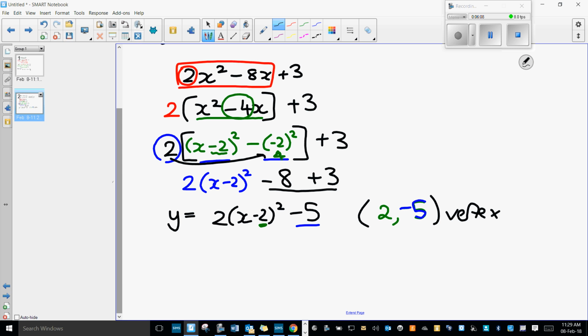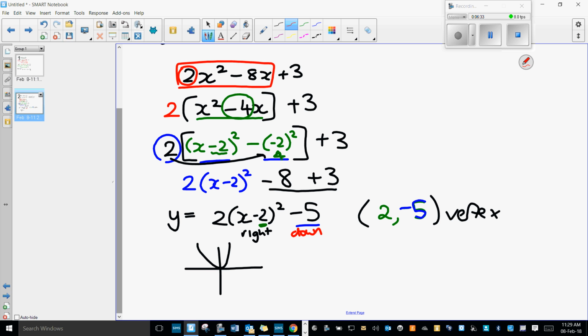It also has told us that my graph has shifted to the right by 2 squares. If that was my basic quadratic graph, I know it's gone to the right 2 spaces, and it's also gone down by 5 units. So my vertex used to be here at 0, 0.